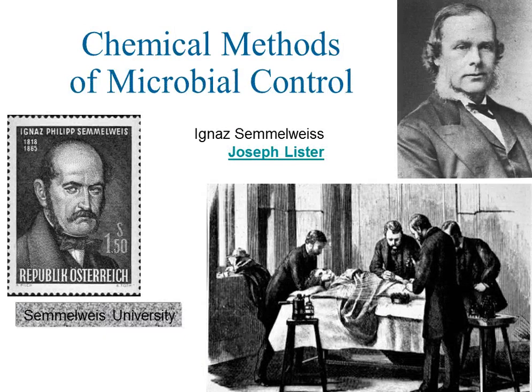Okay, so let me go over to the chemicals. So here are a couple of guys that are really important in chemical control. Both mid to latter 1800s. Ignaz Semmelweis on the left, who was a doctor, introduced ways of reducing infection rates in women that were giving birth.